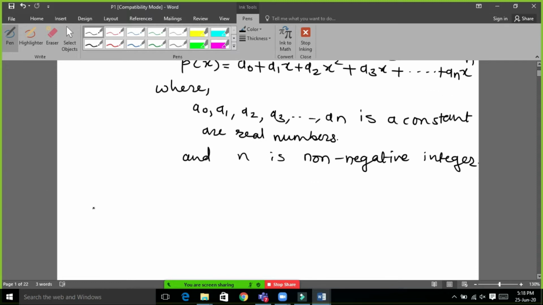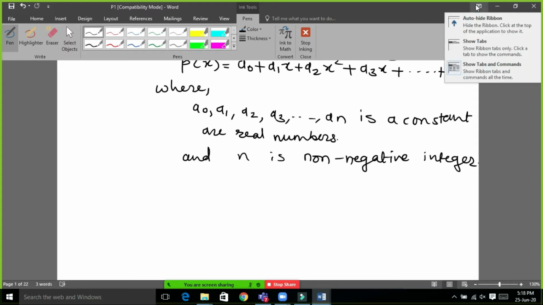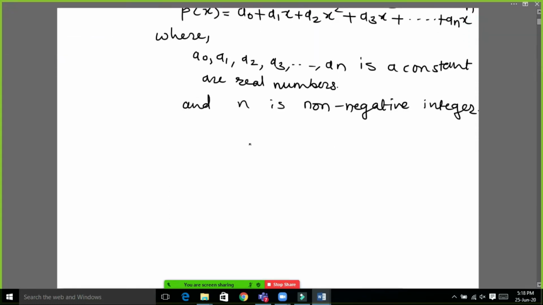Suppose for example p of x, we substitute n is equal to 4. So we get a0 plus a1x plus a2x square plus a3x cube plus a4x to the power 4. So if we put n equal to 4, then we get a biquadratic polynomial, because it has degree 4.